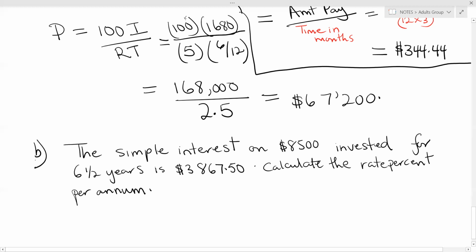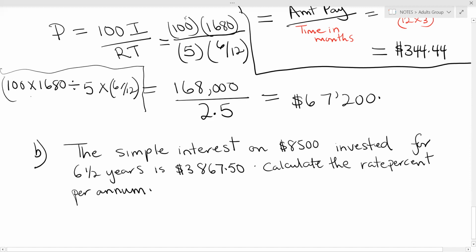No, I just put 100 multiplied by 1680, and then you went straight to divide. 5 multiplied, open brackets, by 6 over 12, right?